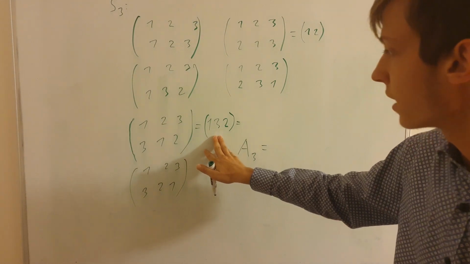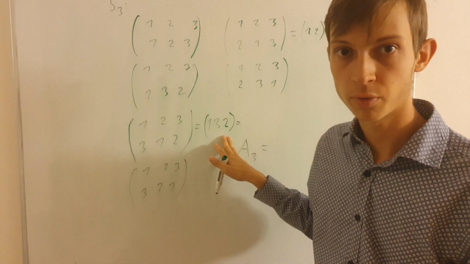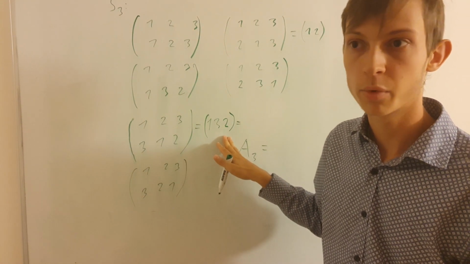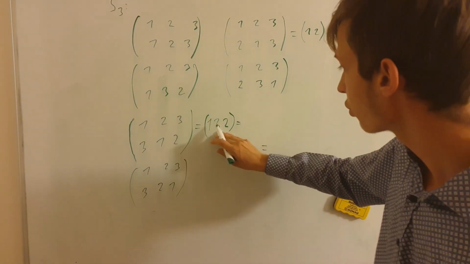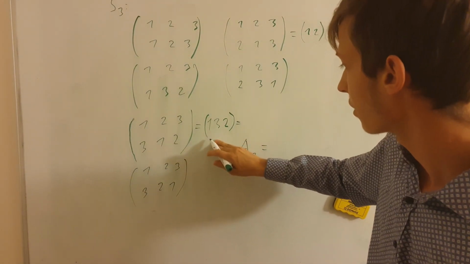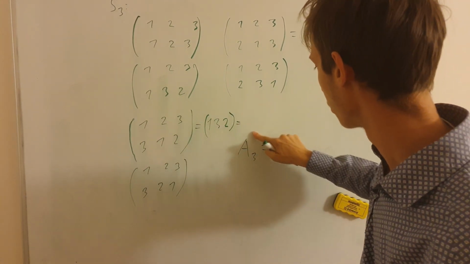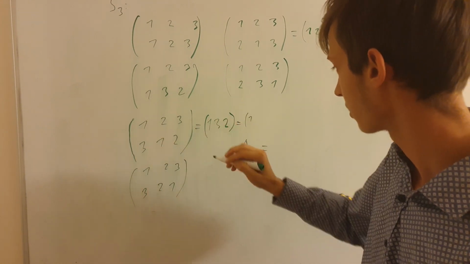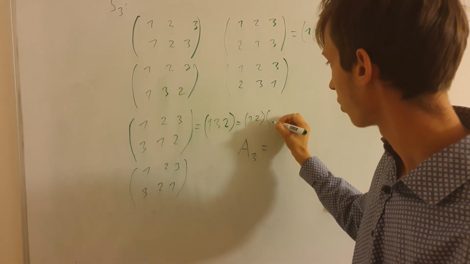So, considering that we have just 1 cycle, and it has an odd number of numbers, it will be rewritable as an even number of transpositions. So it will be one of the ones we're looking for. And the concrete rule for rewriting a higher order cycle into transpositions is as follows. We look at the first number, and then the second one will be the last one, and we go like this towards the left.